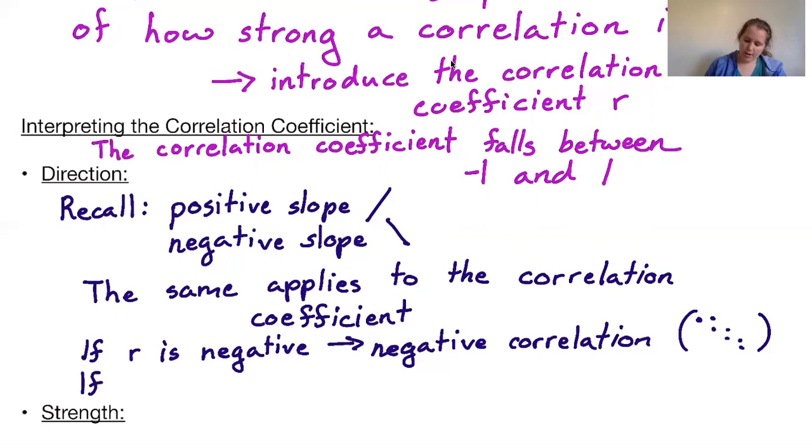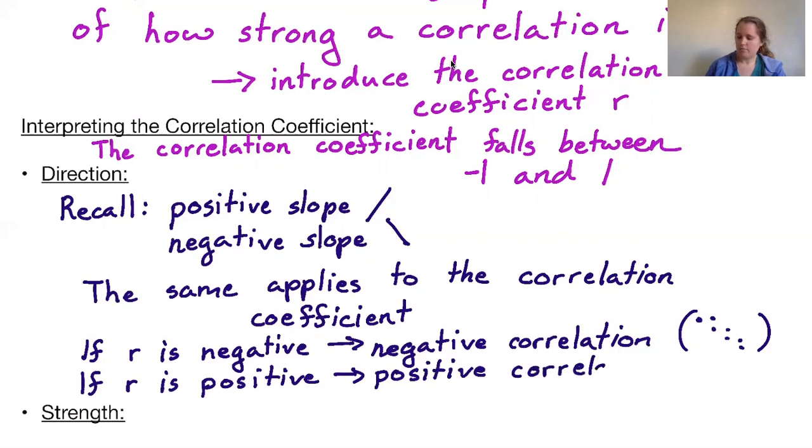If R is positive, then we have a positive correlation. So the dots go up.